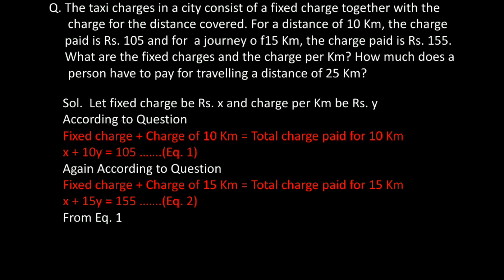From equation number 1, x plus 10y equals 105. So we find x equals 105 minus 10y. That is equation number 3.